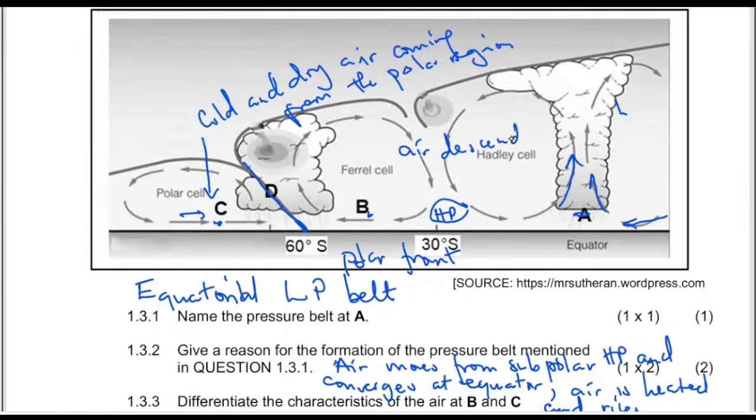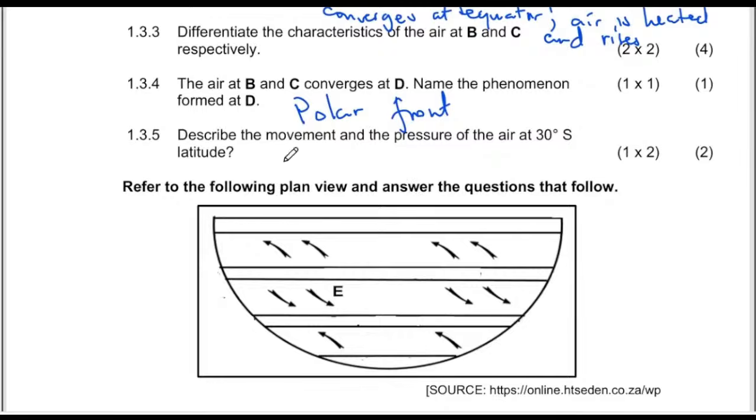Then looking at it from the perspective of the ground, it creates a high pressure. That is basically our response: movement, the air is sinking, and pressure, it creates a high pressure.